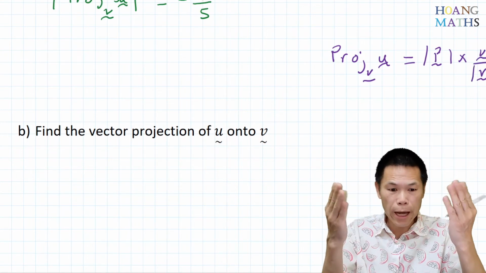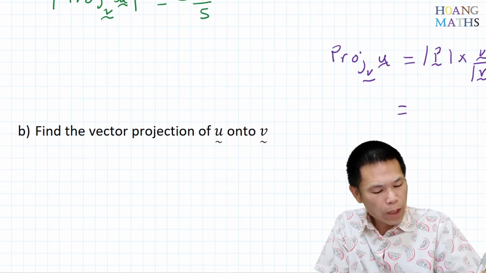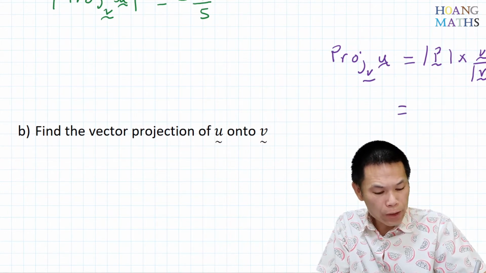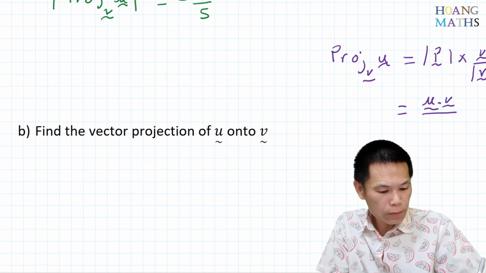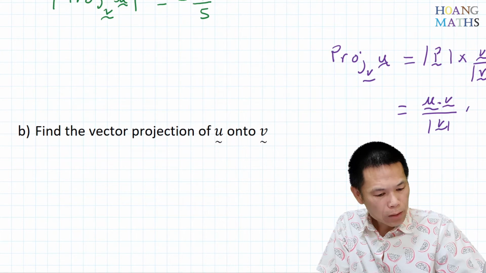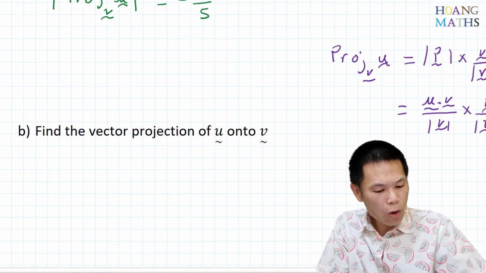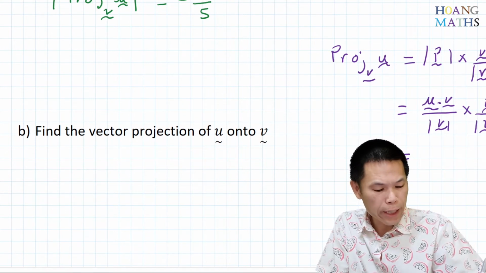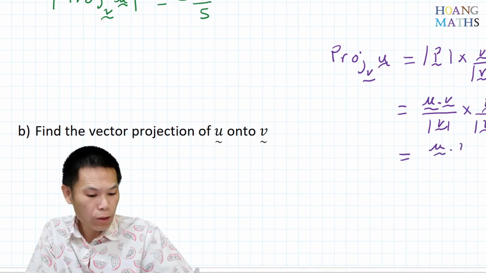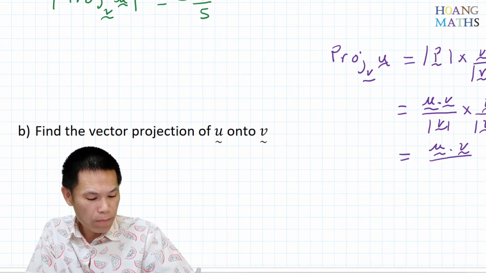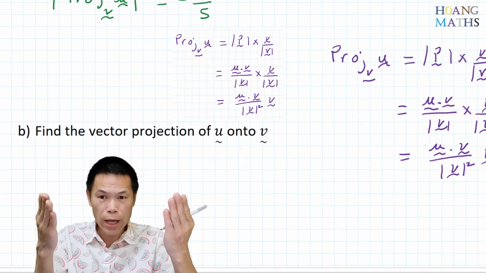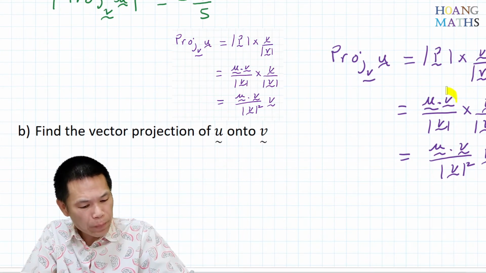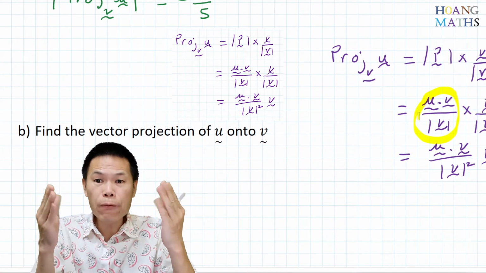Or it can be written as u dot v over the magnitude of v, times the unit vector of v. Or you can even write everything in one line: u dot v over the magnitude of v squared, times the vector v. Whichever way you like.